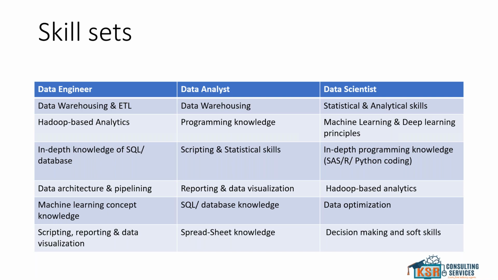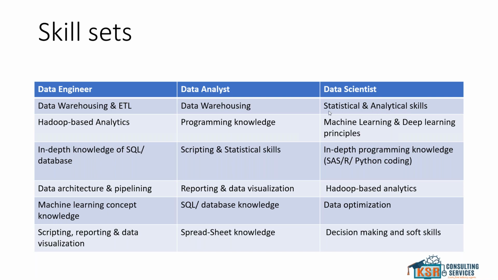So I hope you are clear about what a data engineer does and what a data analyst does. Now, our main primary task is statistical analysis. Machine learning and deep learning algorithms work on the background of statistical and analytical skills, understanding the data, and problem solving.